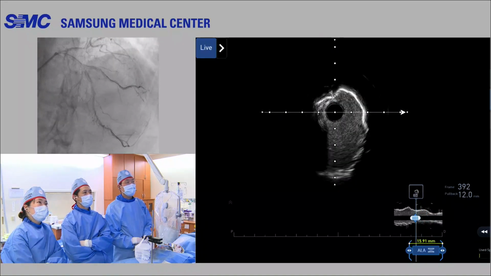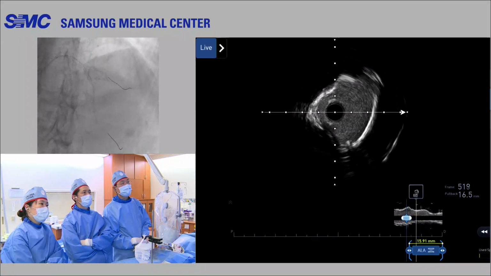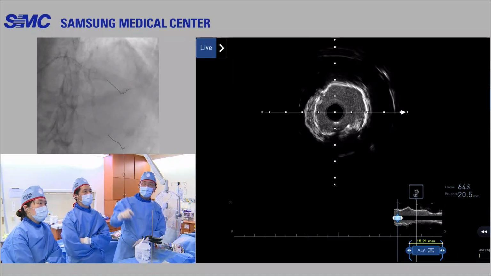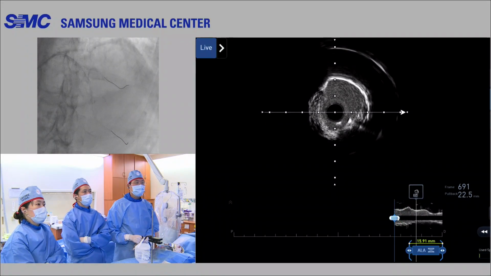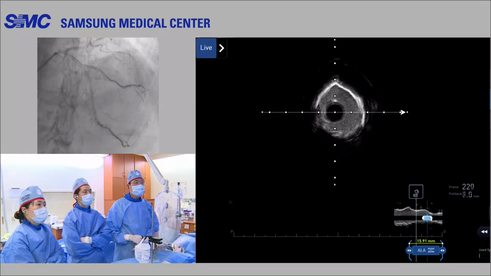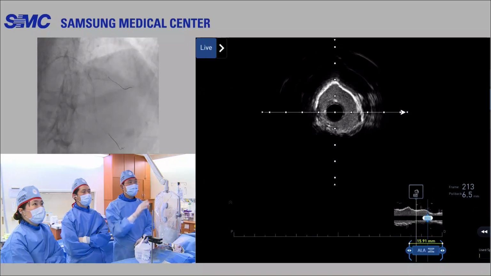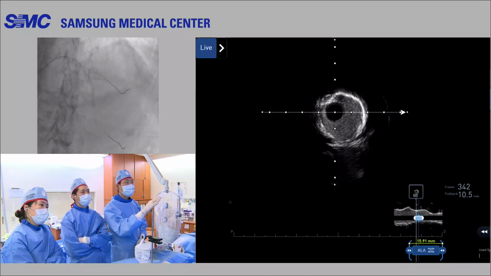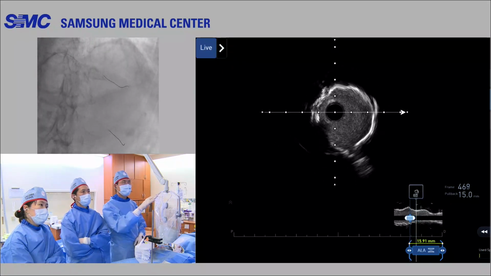This is around the lesion, and the proximal to the diagonal. Okay, play. Here this is a treated segment. This is the reference, and this is a treated segment. Okay, from now on, treated segment and diagonal, and proximal to diagonal.